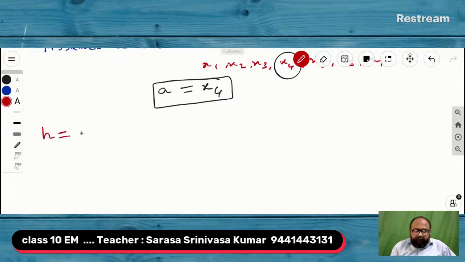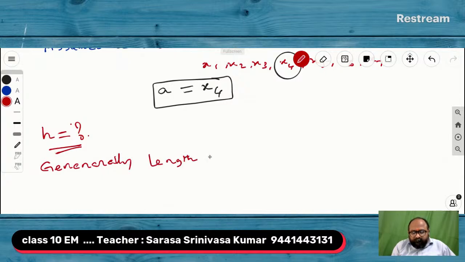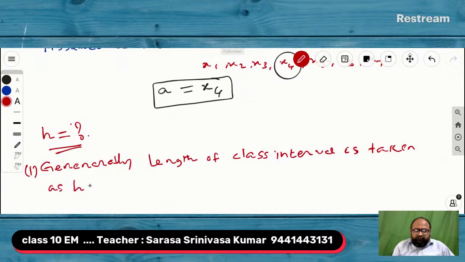Generally, rule number 1: the length of the class interval is taken as h.